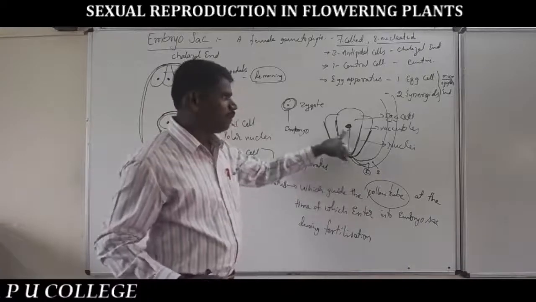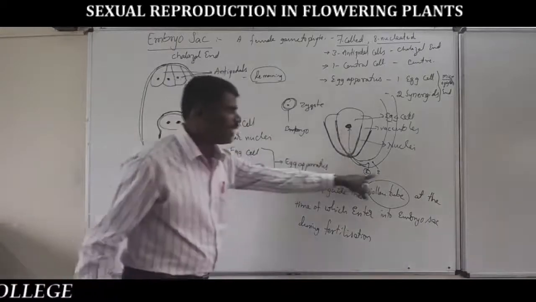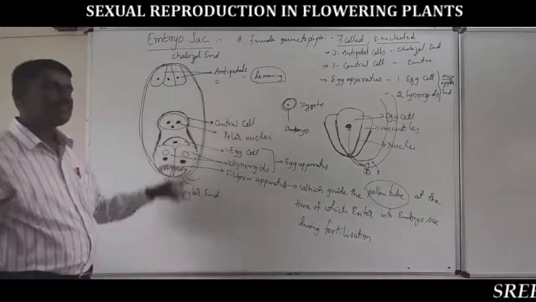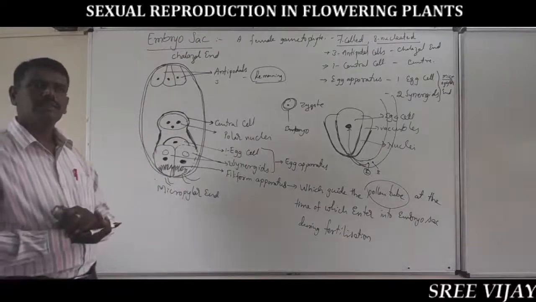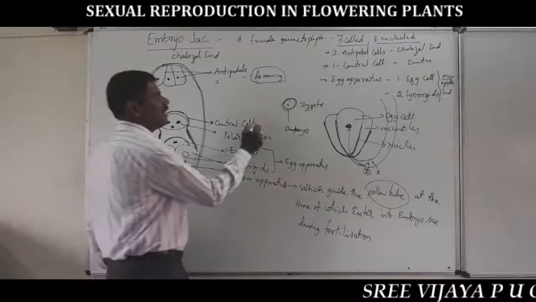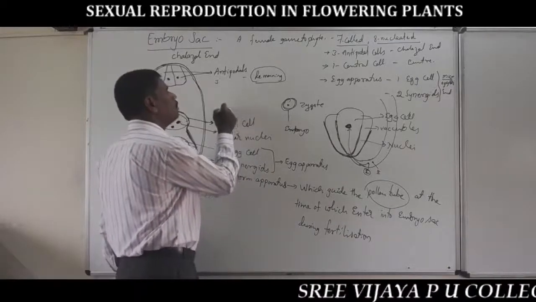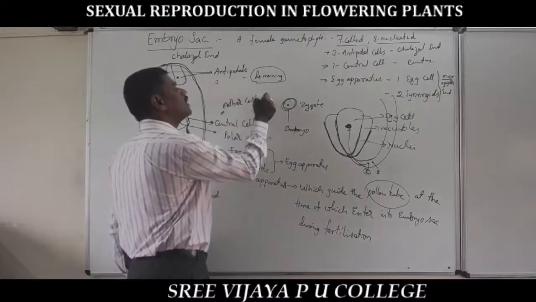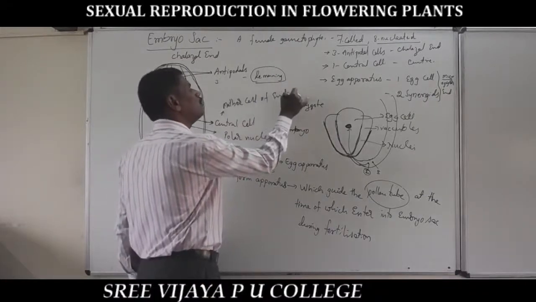One male gamete fuses with the egg cell, the second male gamete fuses with the central cell. So that central cell is the mother cell of endosperm.